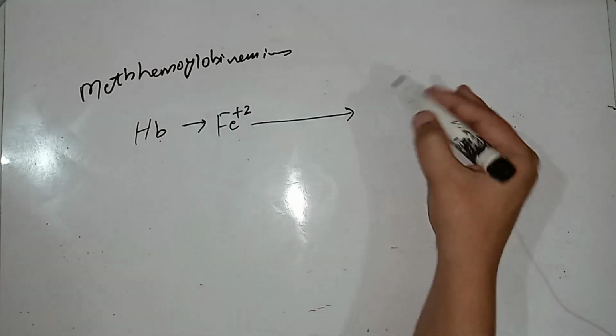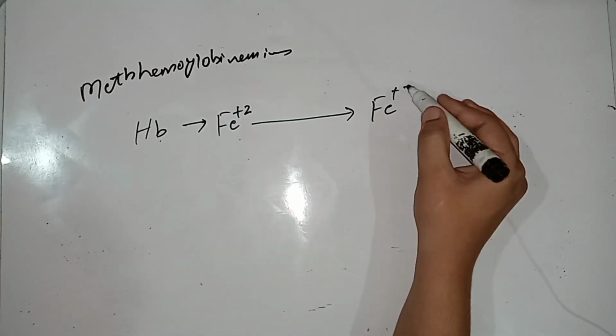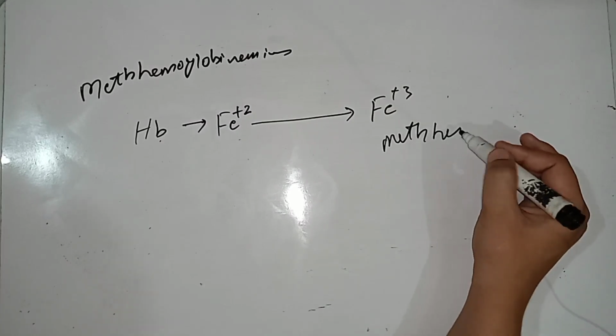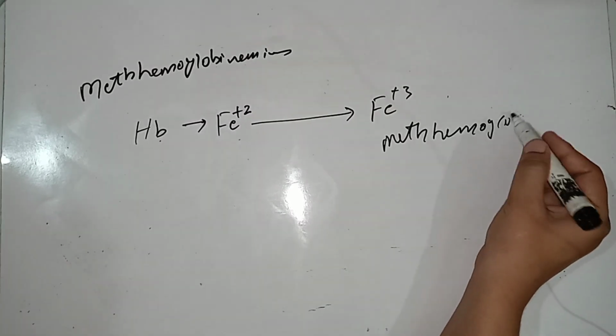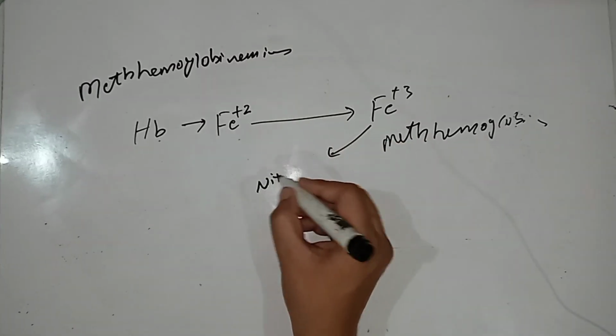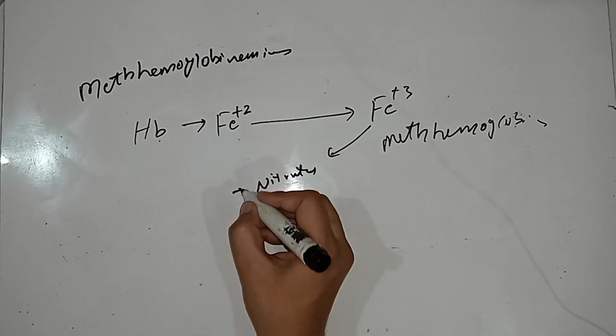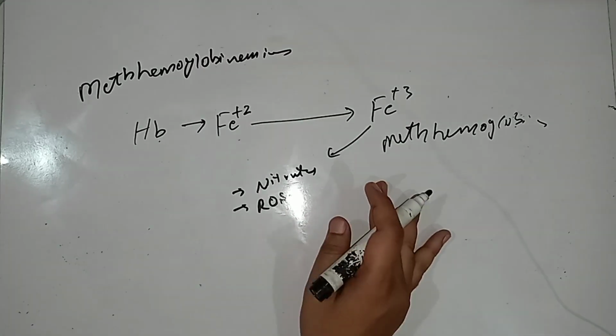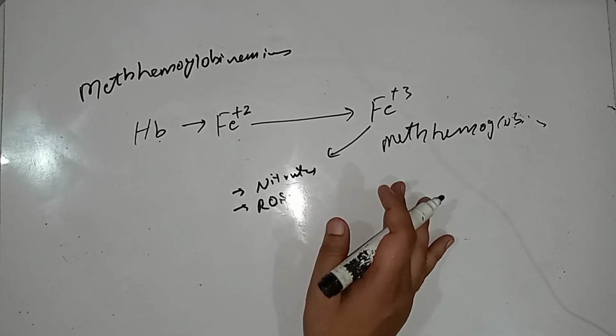However, if it is oxidized to Fe3 positive, then the hemoglobin is called methemoglobin. This oxidation can occur in response to certain drugs, for example nitrates. It can occur due to reactive oxygen species produced inside the body, and so on.